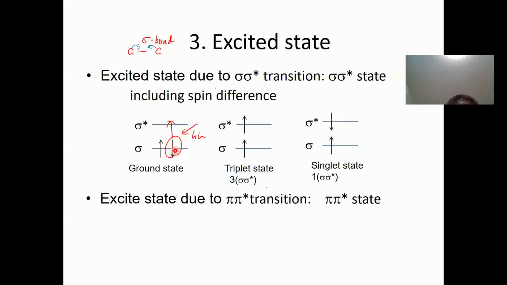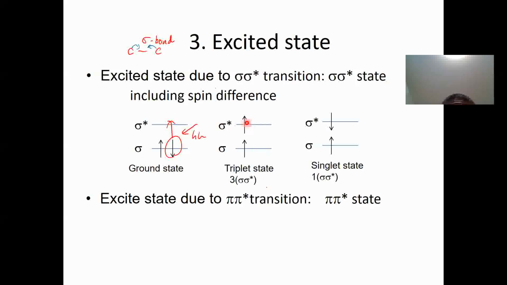So when you move this electron to the higher energy level, one way is the up way and the other is the down way, depending on the relation to the electron remaining in the bonding orbital.